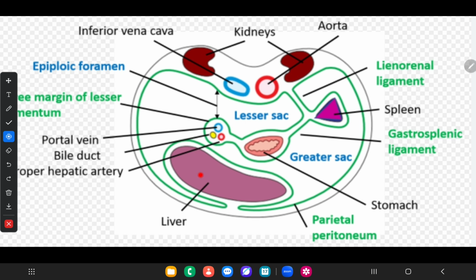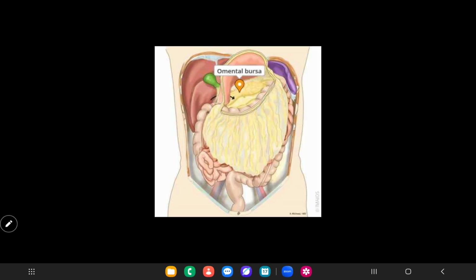Here you can see the liver, and here you can see the stomach. And here is the greater sac, and here is the lesser sac. In this picture, you can see a black arrow, which we enter from the greater sac to the lesser sac. It is the epiploic foramen.